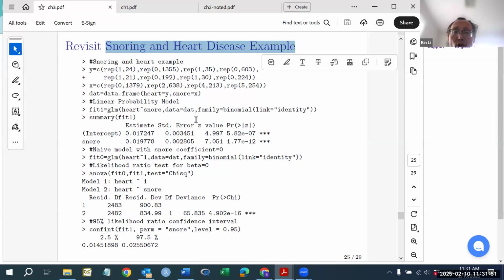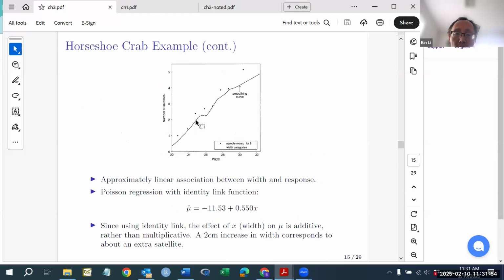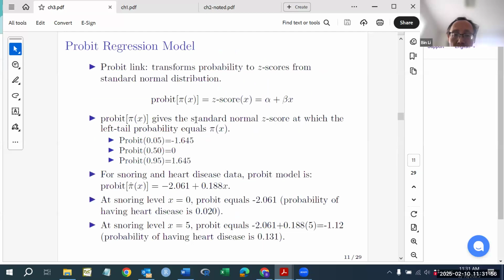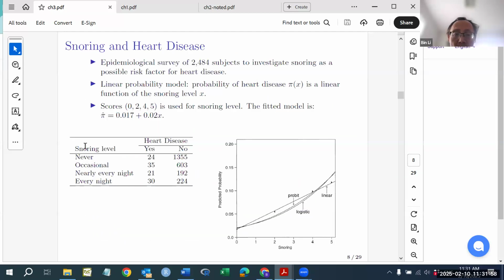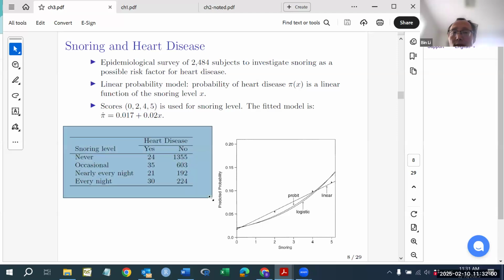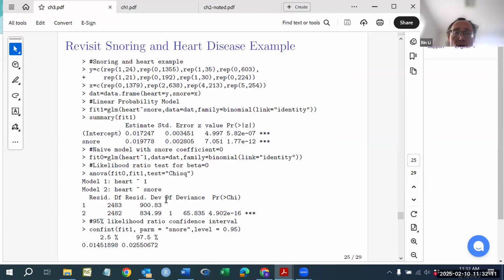Remember, this is the data set. We have four levels: never, occasional, nearly every night, and every night. We have the heart disease study, and here this is the Y, with 0s and 1s.